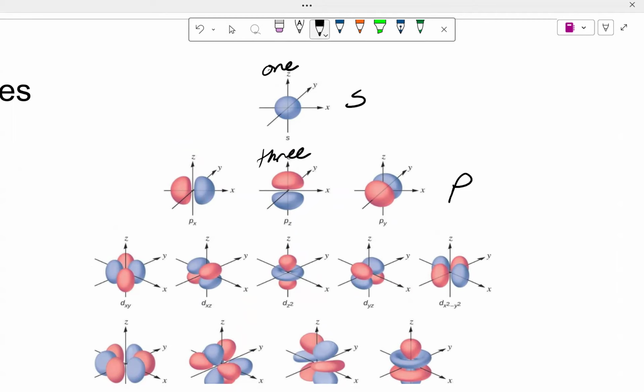And I want to highlight this also, that the orbitals in a subshell, so like in the p subshell, are all degenerate. That's a term I've used before. They're all equal in energy.